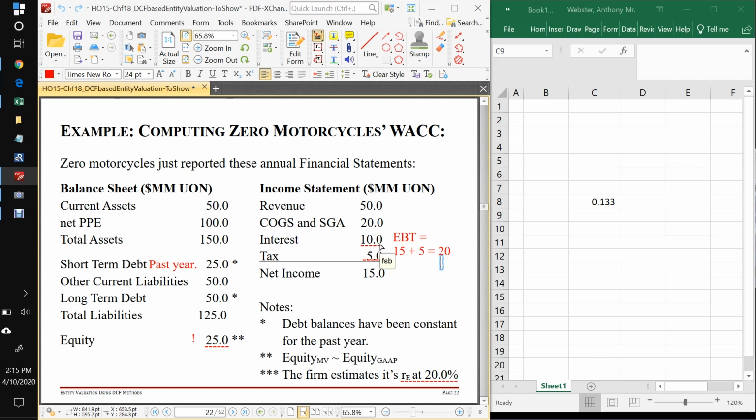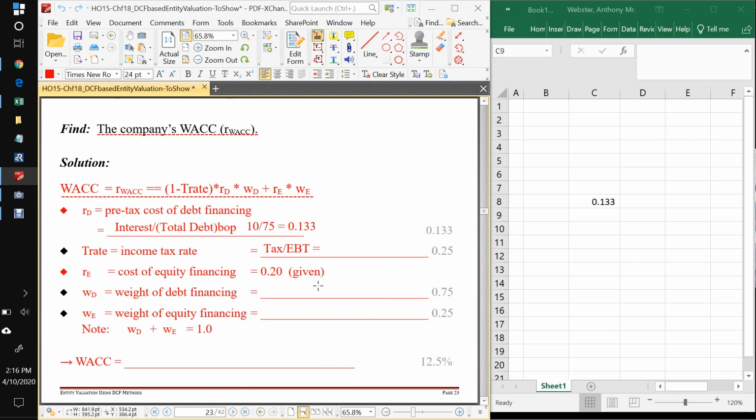Because that's earnings including everything except for tax. With tax, I got 15. If we back out the tax, it's going to be 20. So we have 5 over 20. And I can even do that one in my head. That's 0.25, right? Because 5 times 4 is 20.